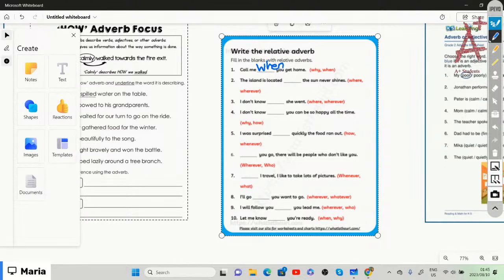The island is located, is it where the sun never shines, or wherever the sun never shines, right? So we're going to say it is located where the sun never shines.